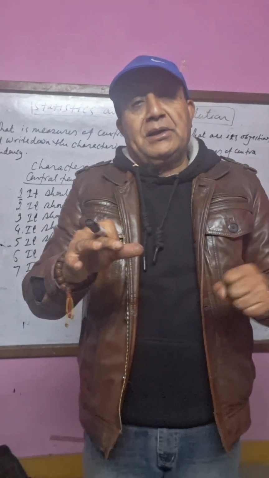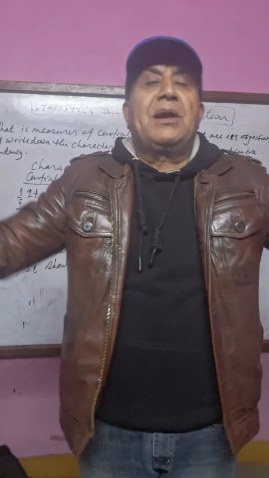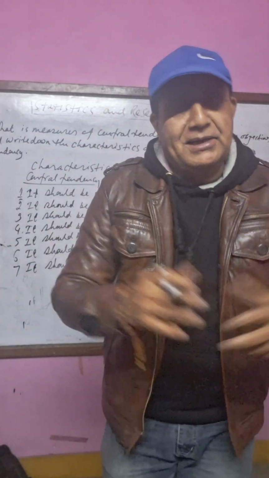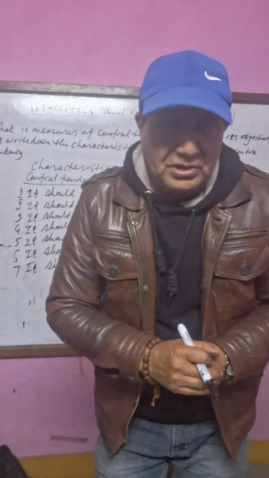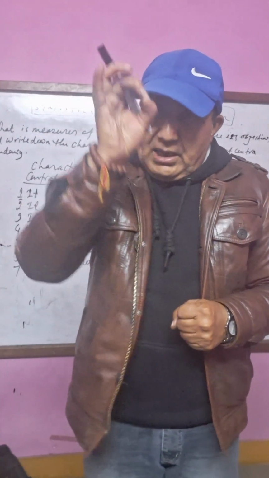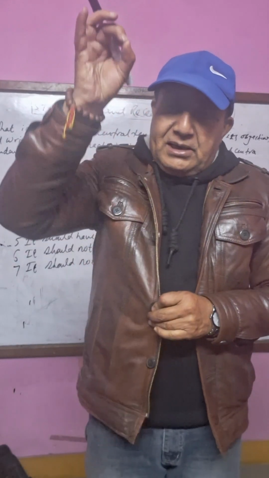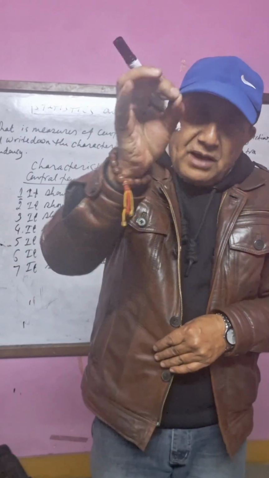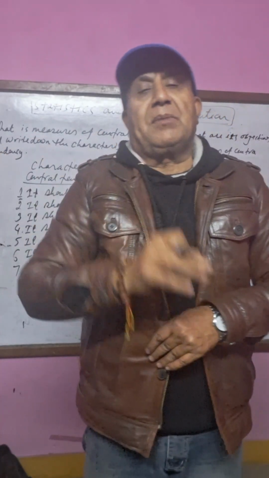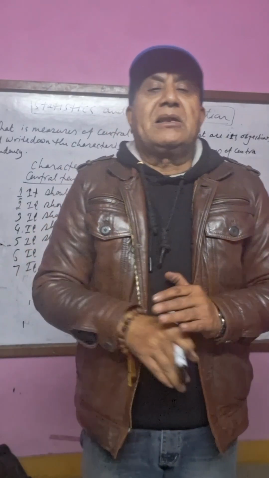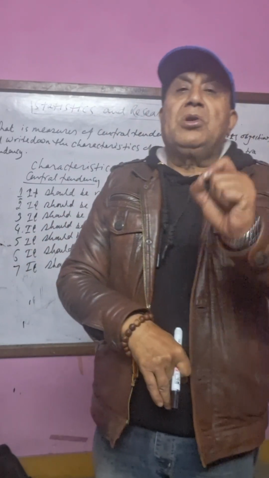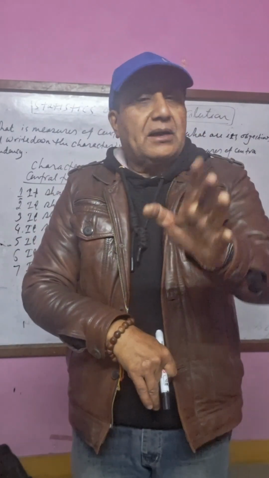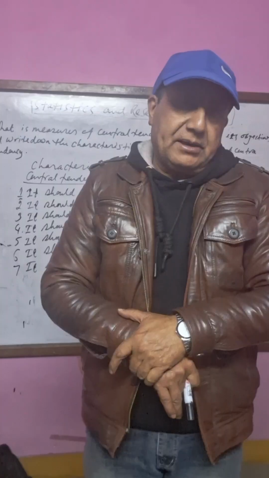If the same average value is obtained in different samples, it is not affected by sampling fluctuation. So an average is called a good average which is not affected by sampling fluctuation. These are the characteristics of good measures of central tendency, or ideal central tendency, or ideal average.